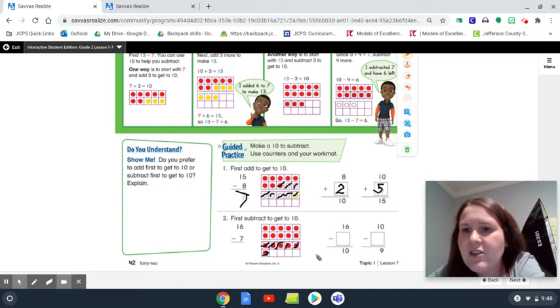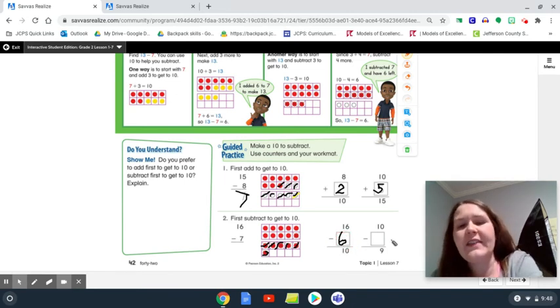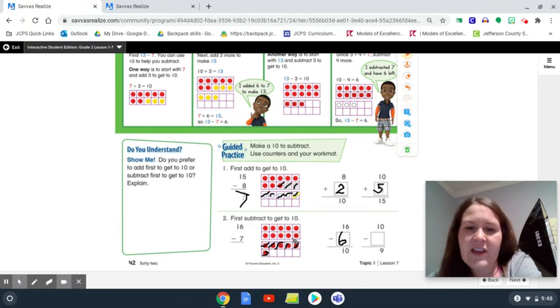And how many do I have left? 10. So we could say 16 minus 6 equals 10. And then we know that we had to get rid of 7 counters. So I did 6. So I just need to get rid of 1 more, which I did. And now how many do I have left? 9. So I'm going to say 10 minus 1 equaled 9.